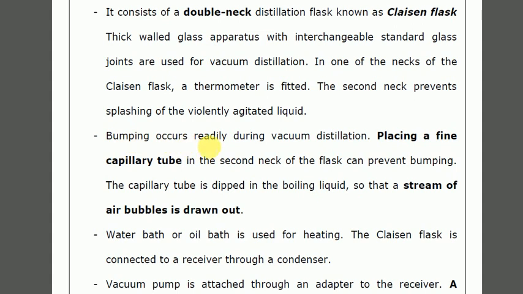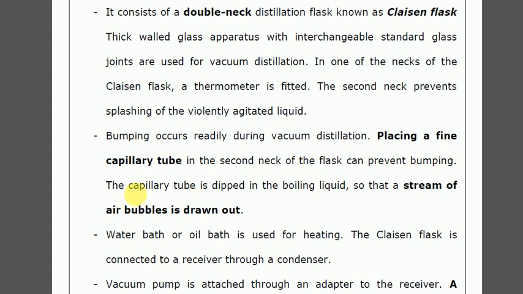Bumping occurs readily during vacuum distillation. Now what is the meaning of bumping? Vigorous or violent boiling of the liquid, which sometimes may come out of the flask. So to prevent that, placing a fine capillary tube in the second neck of the flask can prevent the bumping.